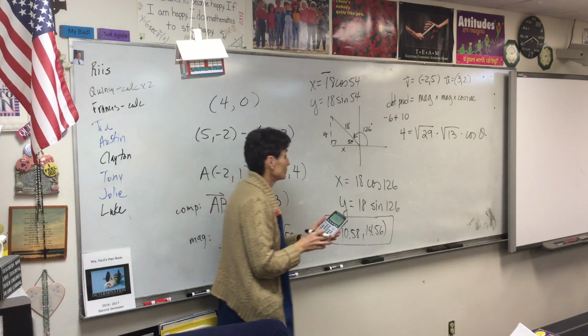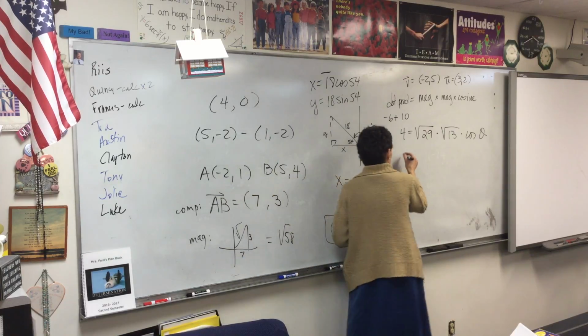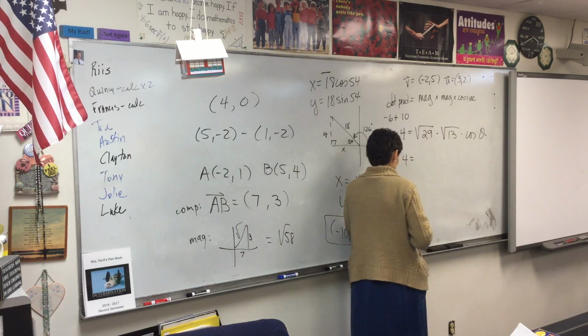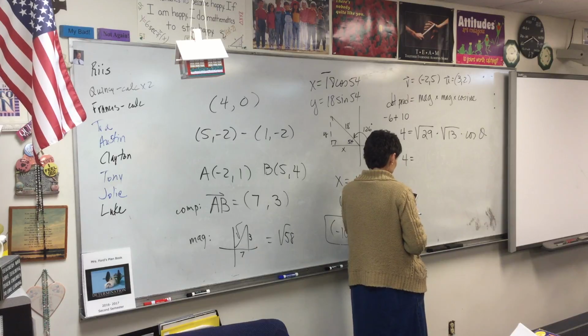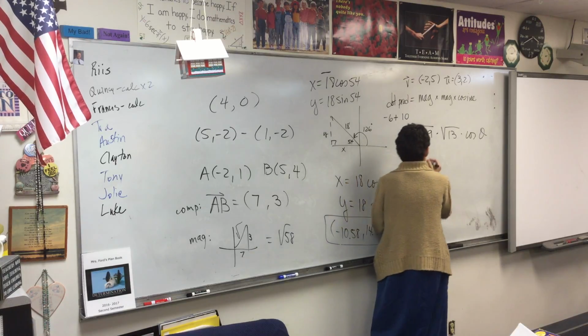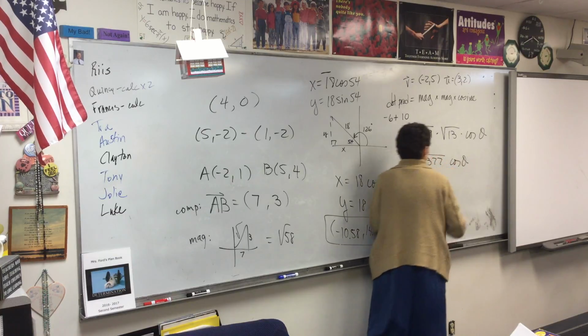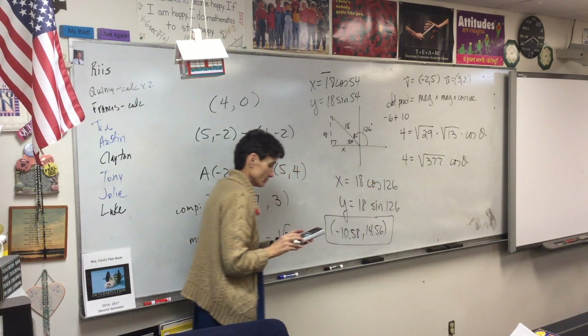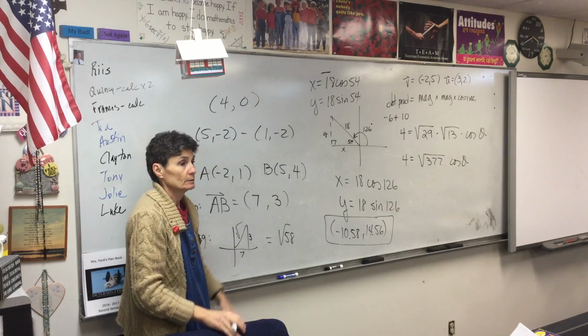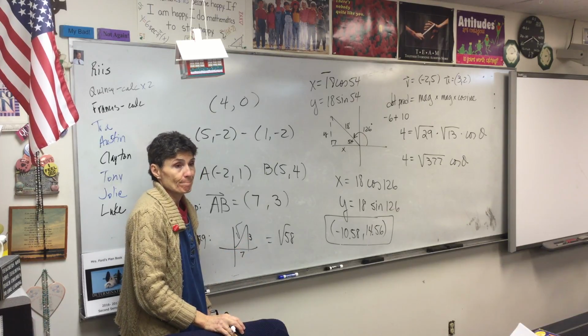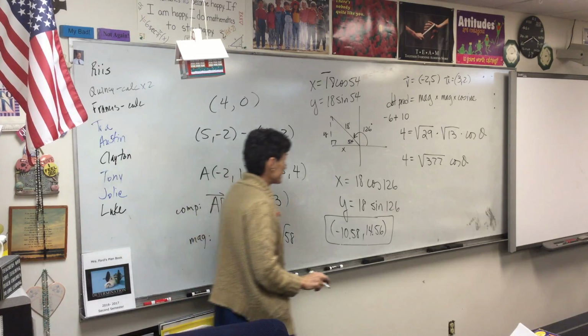Now, what do I do? When I worked these out before, what did I suggest maybe we do? Multiply the 29 and the 13, so we have the square root of 377. Now what? Divide.